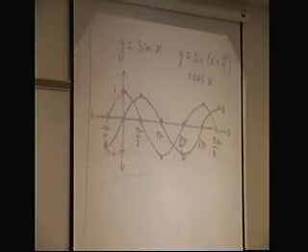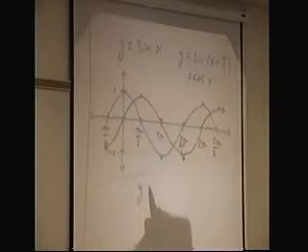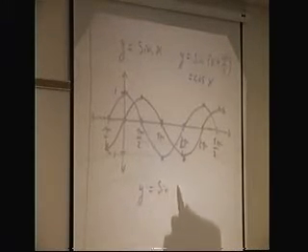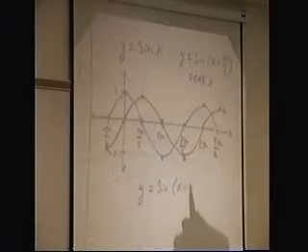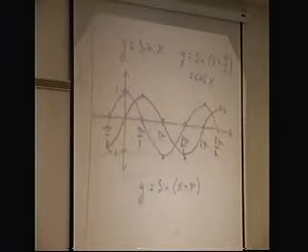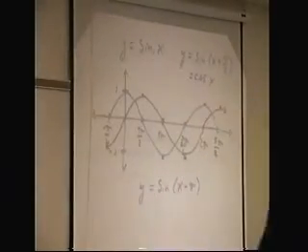Now, can everybody imagine what would happen if I did this? I'm going to do one more right on the same graph, because I want to do it really quick. Can everybody visualize what would happen if I did x minus pi? It's going to move it all the way back pi radians, isn't it?